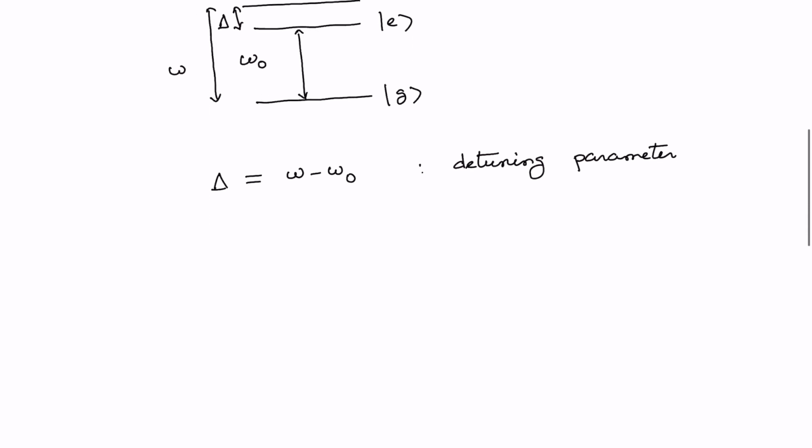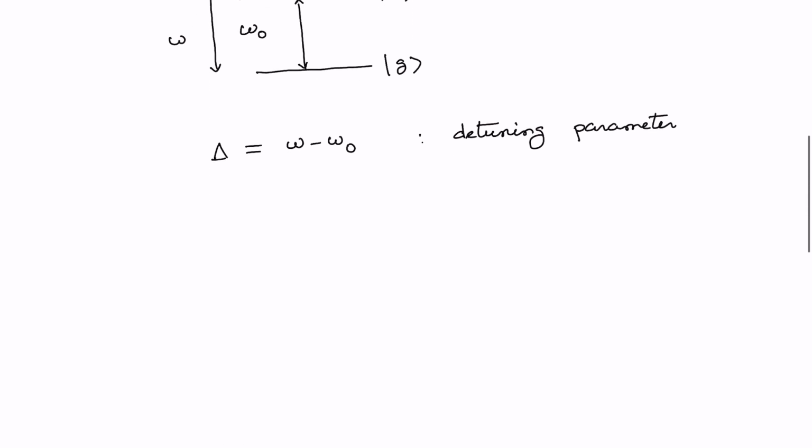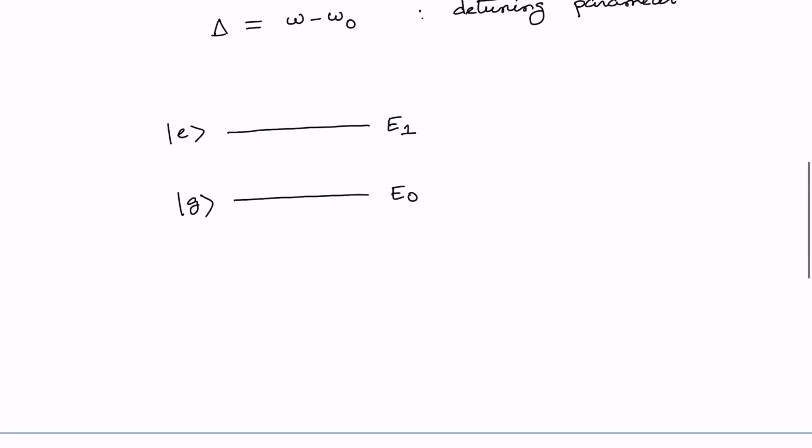Now the Hamiltonian of the atom without the light field, that means without any interaction, already we know how to write the Hamiltonian for this two-level atom. Say its excited state energy is E1 and the ground state energy is E0. Then I can write down the Hamiltonian in the basis states of |g⟩ and |e⟩.